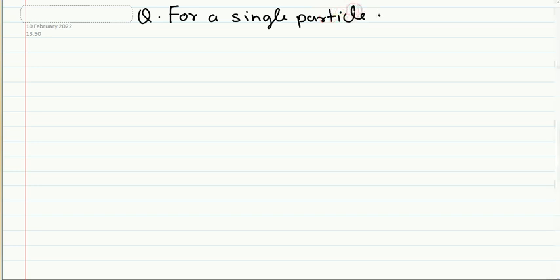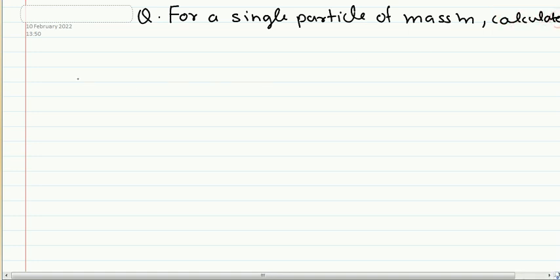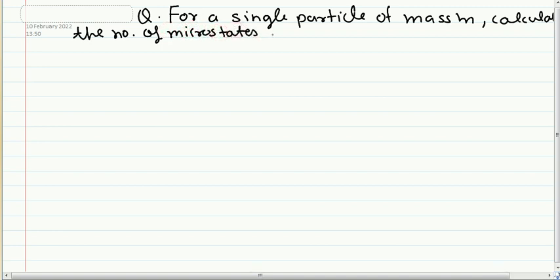Now write another question: for a single particle of mass m, calculate the number of microstates in the energy range E to E plus dE.